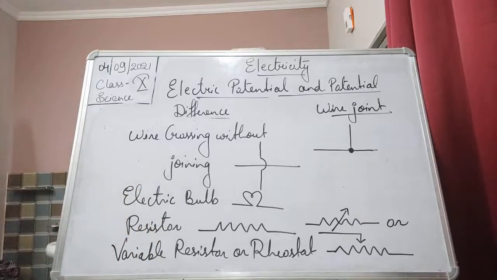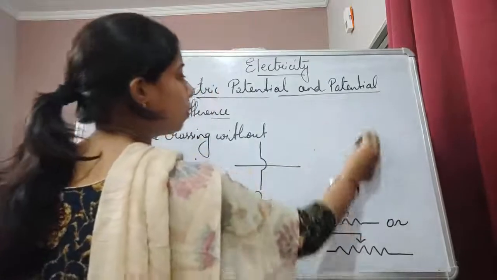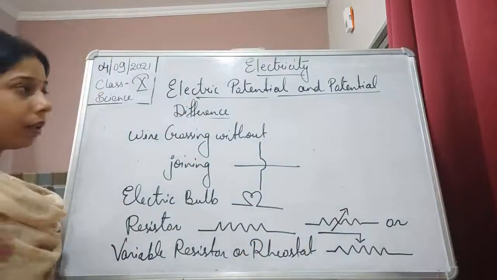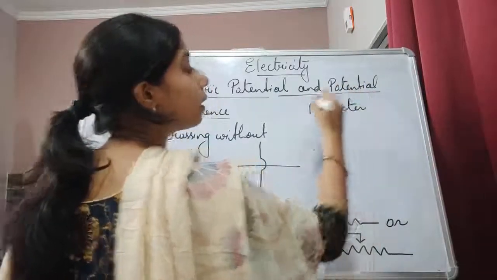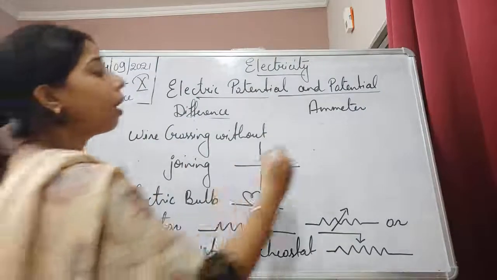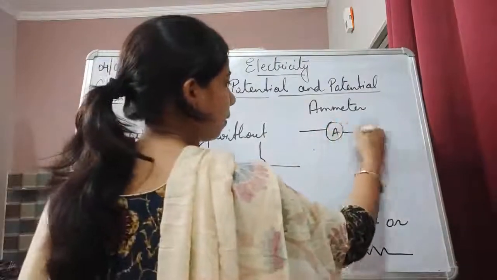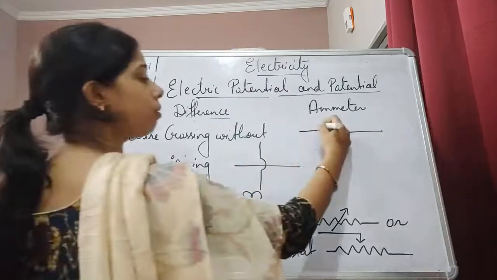Now next one is the ammeter and voltmeter. I hope you all know, even though I am writing it. Ammeter, students, is basically a device to find out the amount of current flowing through the circuit, and it is represented by A. Here one is positive and one is negative.